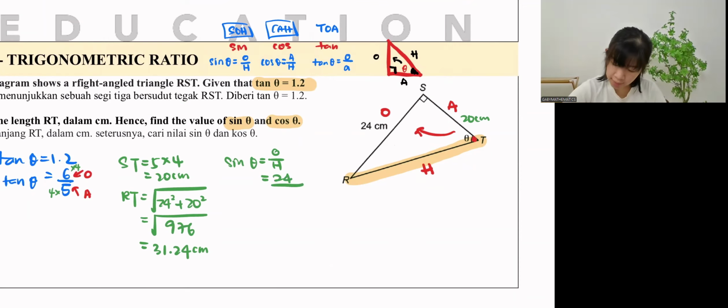H just now we found it already, 31.24 cm. So now you key in this in your calculator. 24 over 31.24. So sine theta is 0. Can we write 2 decimal places? 0.77.